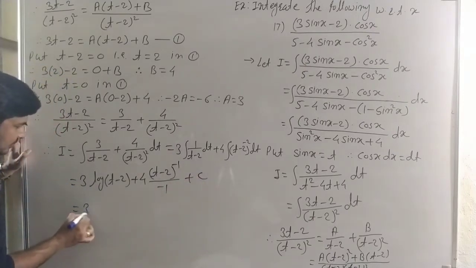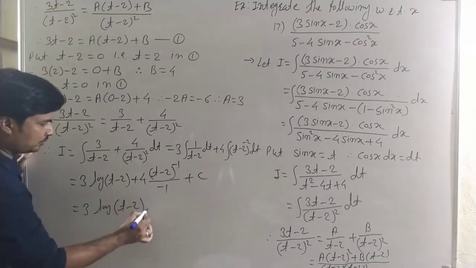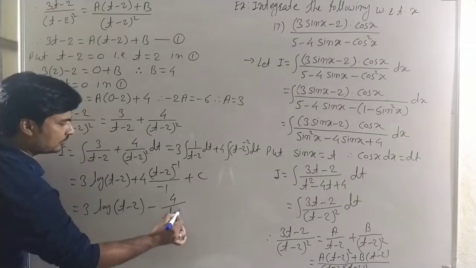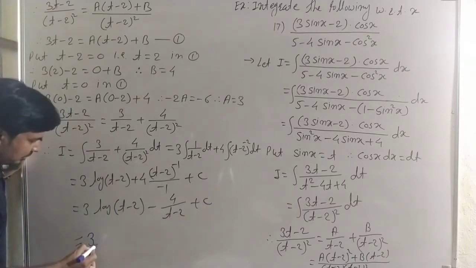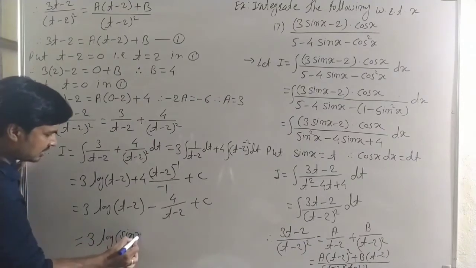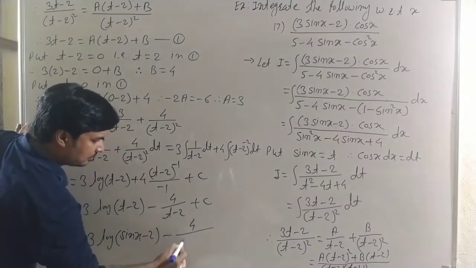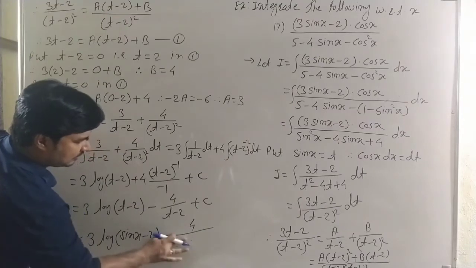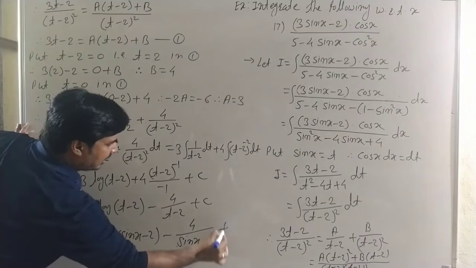Then 3 into log of t minus 2 minus 4 upon t minus 2 plus c. And in the last answer put the value of t, therefore 3 log of sin x minus 2 minus 4 upon sin x minus 2 plus c.